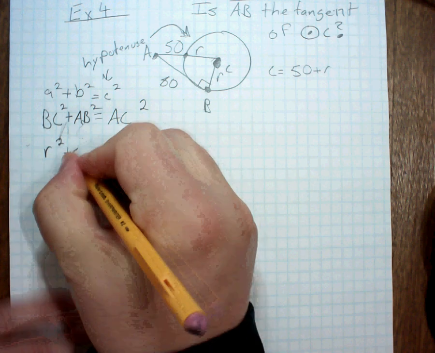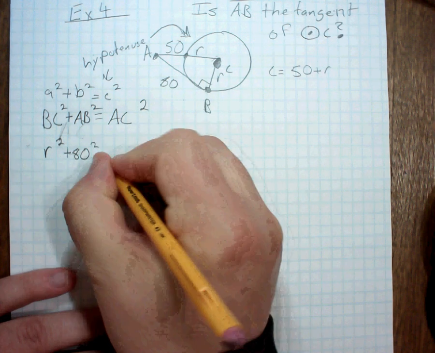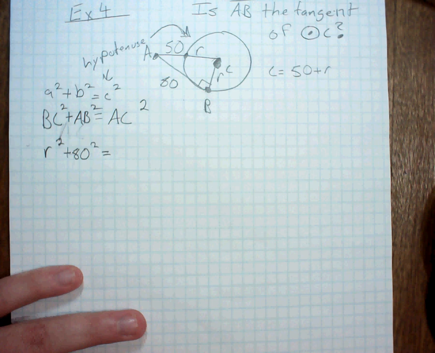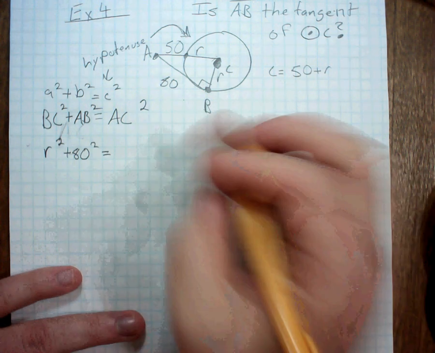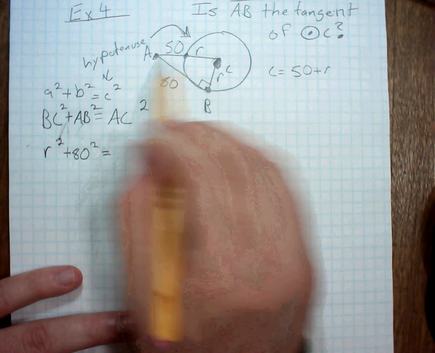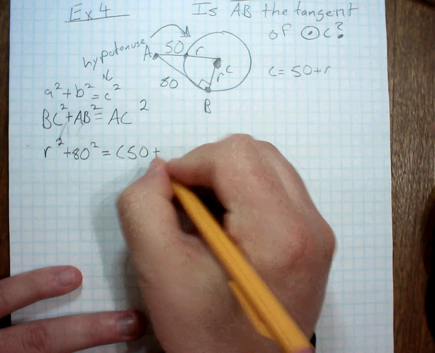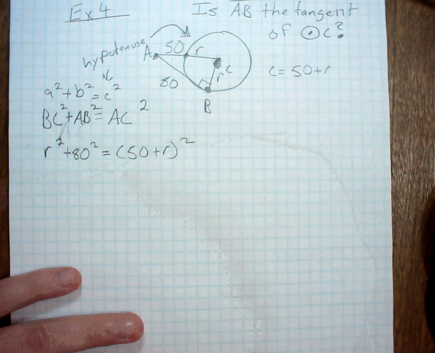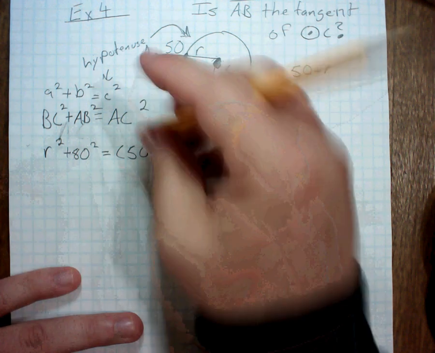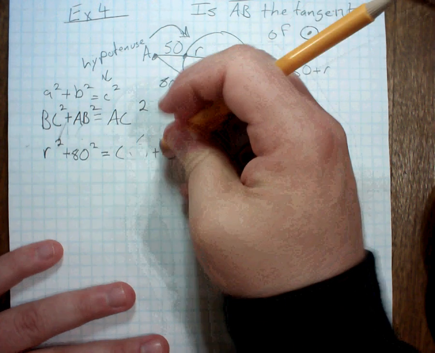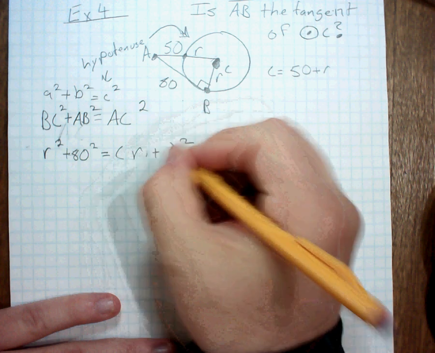I'm getting confused here. When I did this on my notes, I wrote them backwards. And AC, from A to C, is actually 50 plus r squared. And I'm going to rewrite that because we're used to seeing it like this: r plus 50.